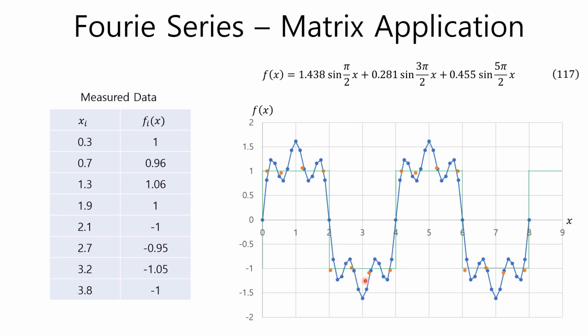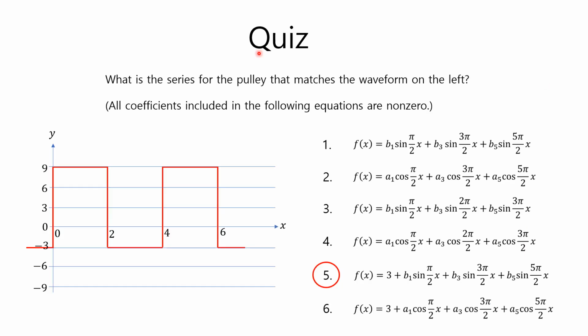As shown in the figure, you can see that a square waveform with a period of 4 and an amplitude of 1 is well approximated by the Fourier function. The waveform of equation 117 changes significantly at the levels of 1 and minus 1, but the amount of change can be reduced by increasing the Fourier series terms by adding 7 pi terms, 9 pi terms, and so on to equation 117. Let's find out the answers to the quiz.